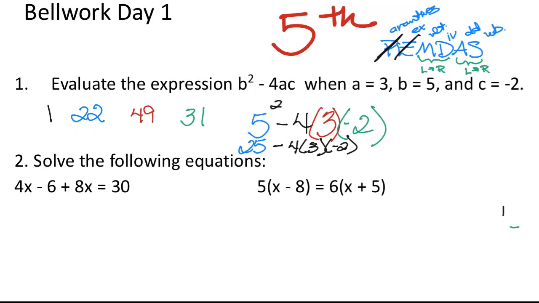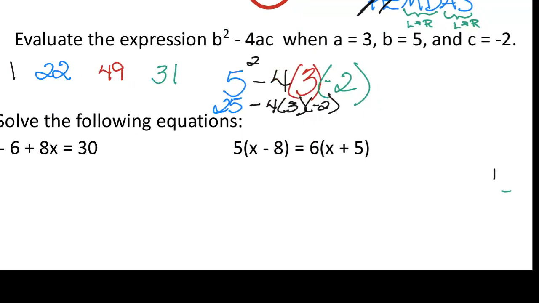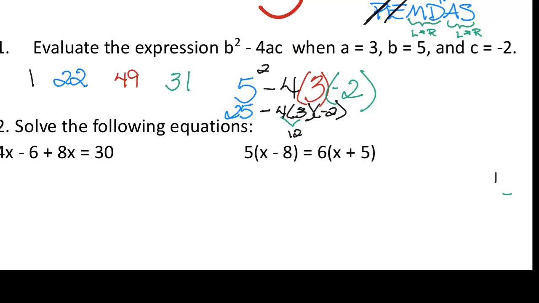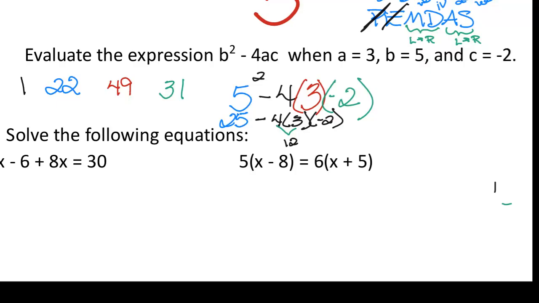Do I have any multiplication or division left in that problem? Yeah, what am I going to multiply first? 4 times 3. What is 4 times 3? 12. So I'm going to rewrite this as 25 minus 12 parentheses negative 2.